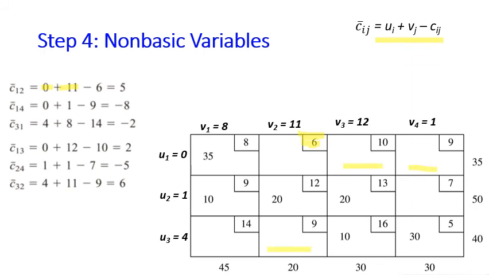Let's say you calculate C hat 3,2. C hat 3,2 equals u3, which is 4, plus v2, which is 11, minus 9, and now the result is 6. Out of all these non-basic variables, you see that there is still a positive C hat ij. So in this case, our BFS is not optimal yet. And then we pick the most positive one to become the entering variable.